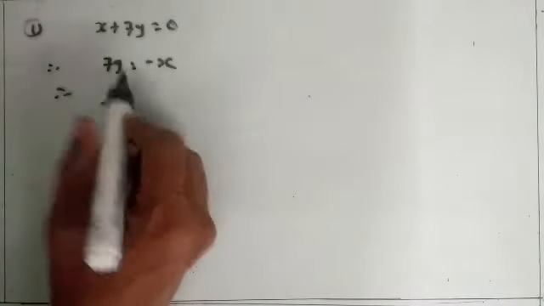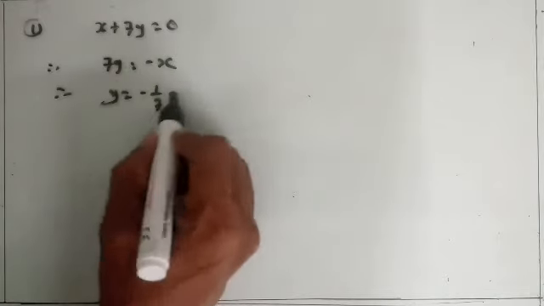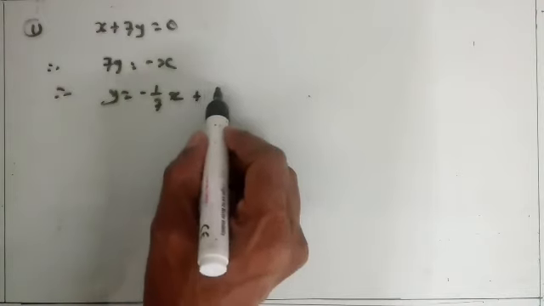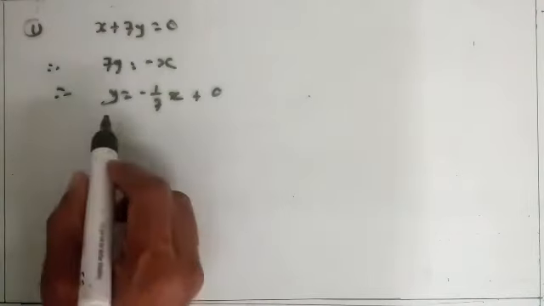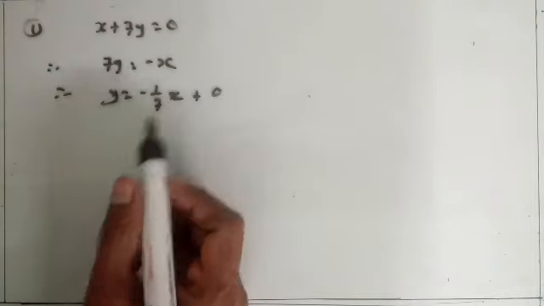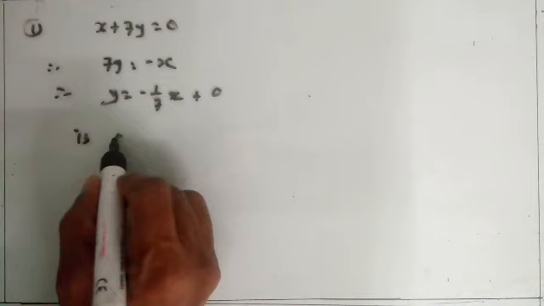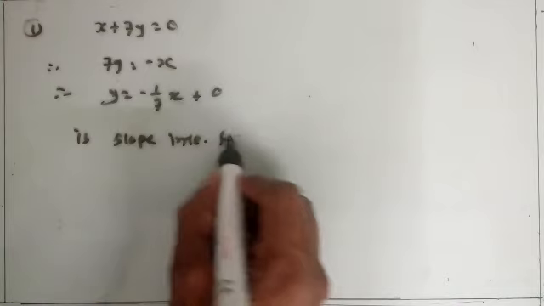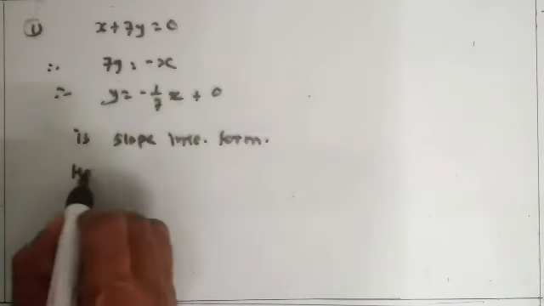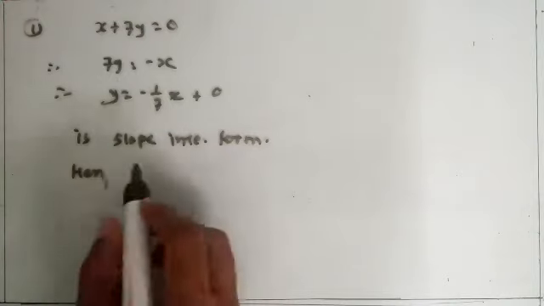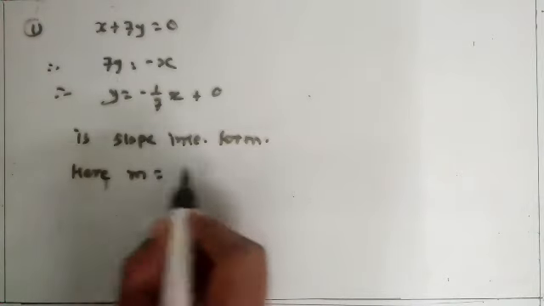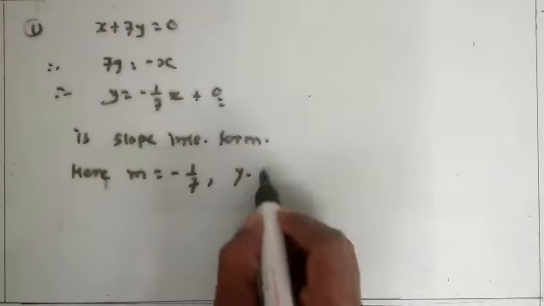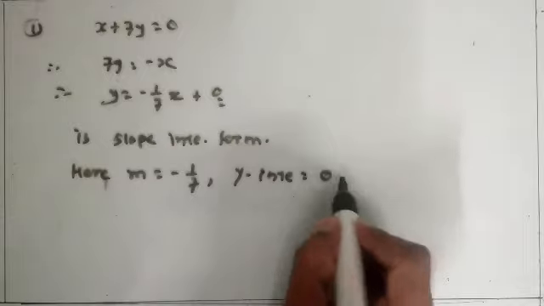Therefore, y is equal to, dividing by 7, we get minus 1 upon 7 into x plus, here the constant term is absent, so 0. So this is the slope intercept form. Clear? Here slope m is equal to minus 1 upon 7 and the y-intercept is equal to 0. Clear?